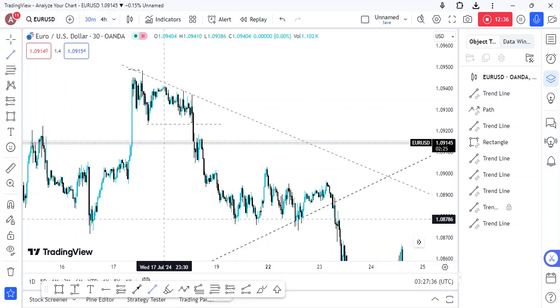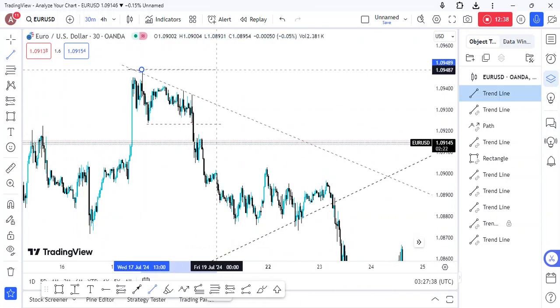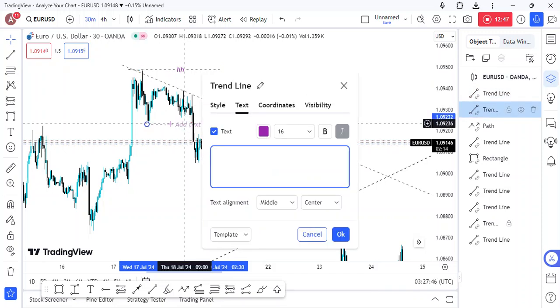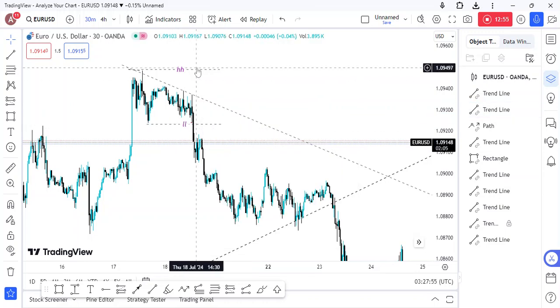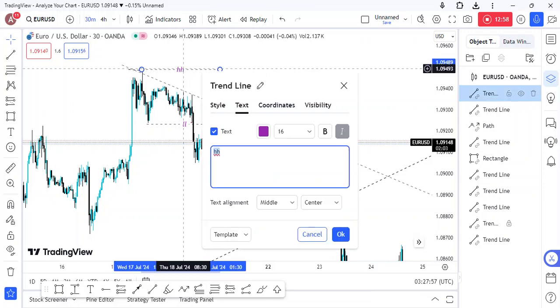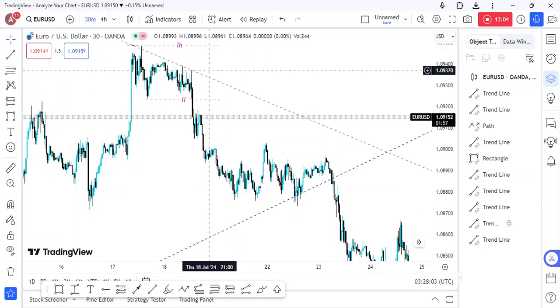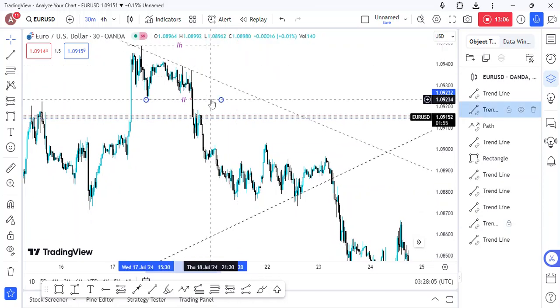We have a high being created here, a high. This is a lower low rather, and this is a lower high, right?